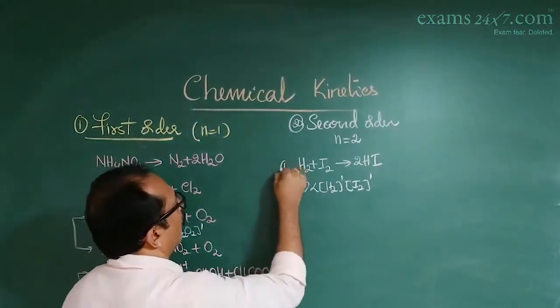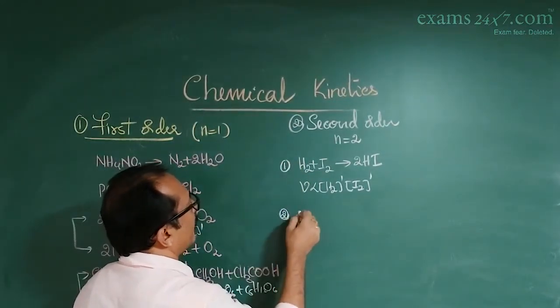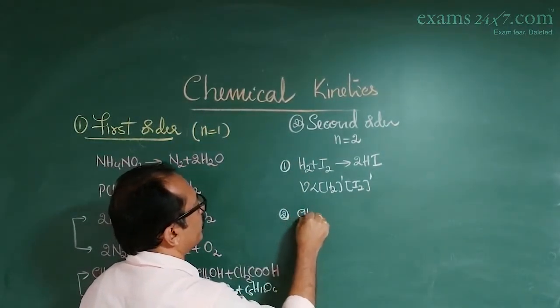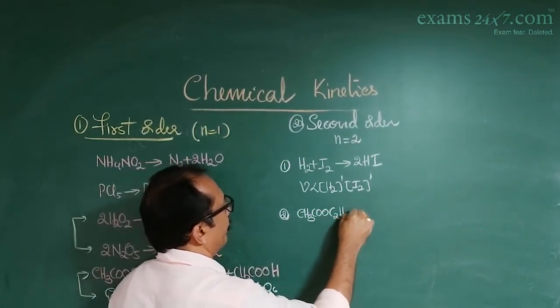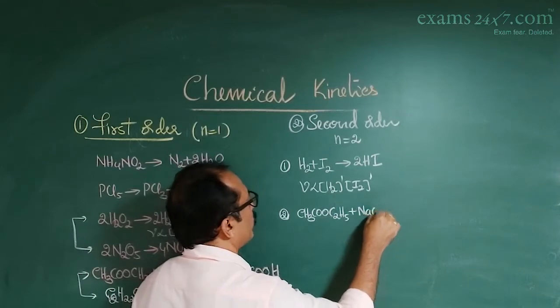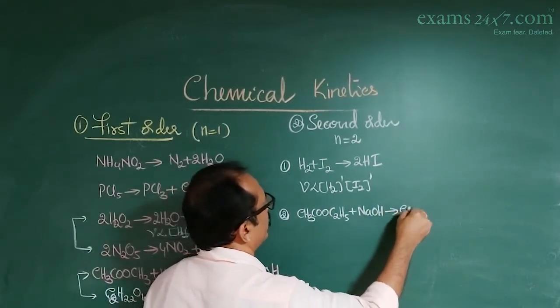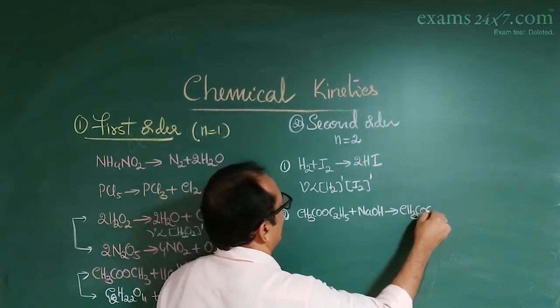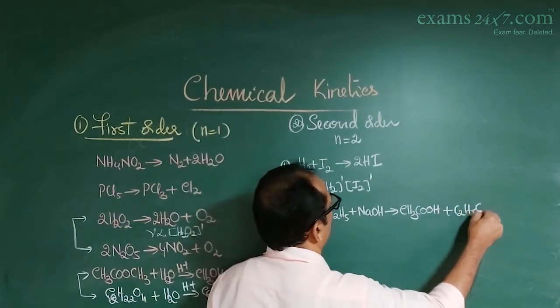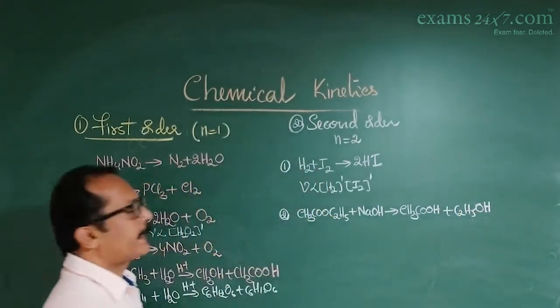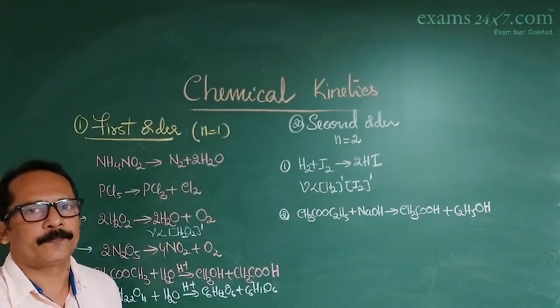Or the alkaline hydrolysis of ester ethyl acetate, when it reacts with sodium hydroxide, gives acetic acid and ethanol, is an example for a second order reaction.